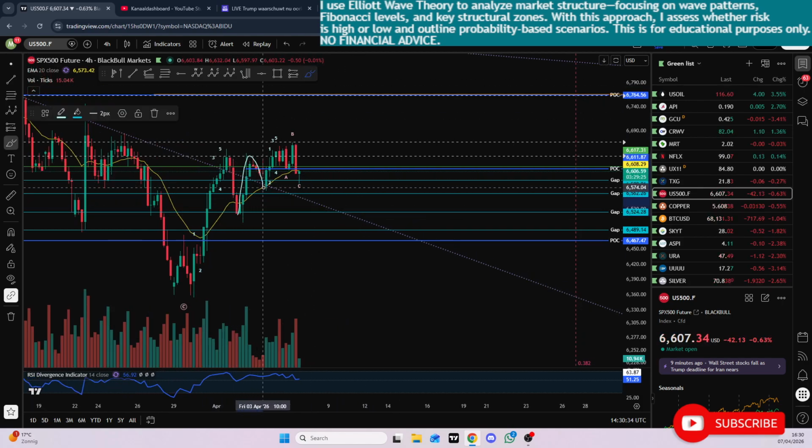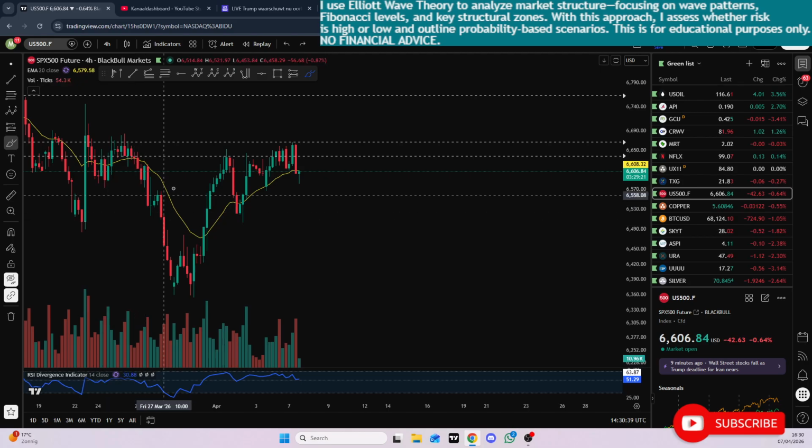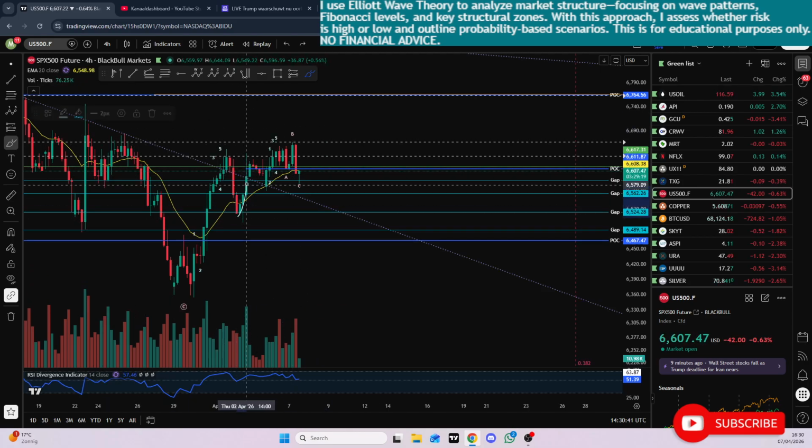I did another 1, 2, and then another 1, 2, which is maybe not so realistic. It's maybe better to label this as a 1, 2, 3, 4, 5 inside here, and then it can be both a 1, 2, 1, 2, or like I said with the Nasdaq, 1, and then now the wave 2 is starting, giving us even more room to the downside. Okay, I hope you can follow me.